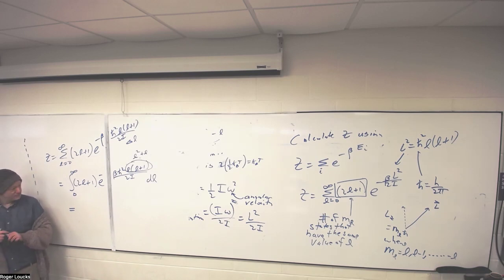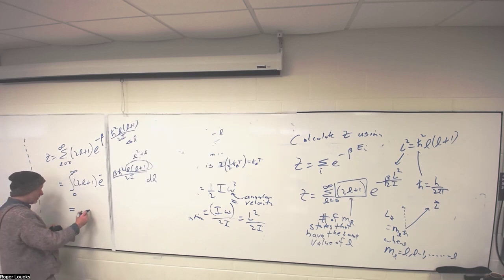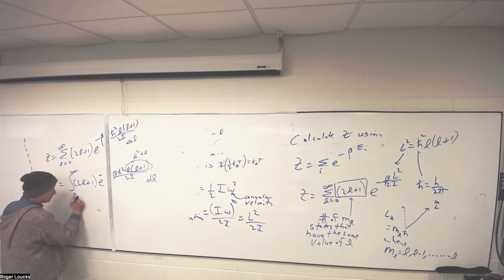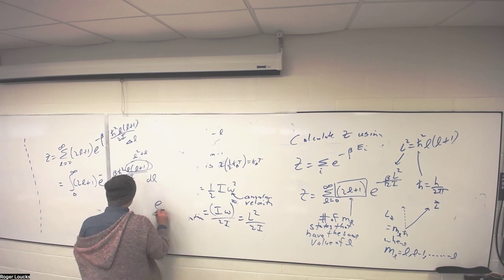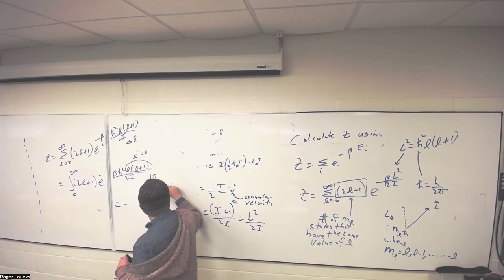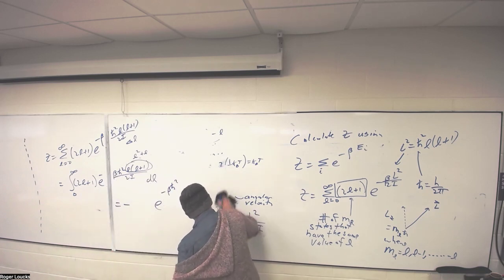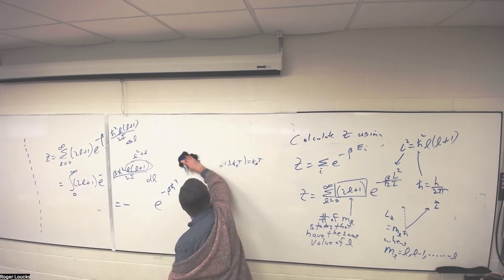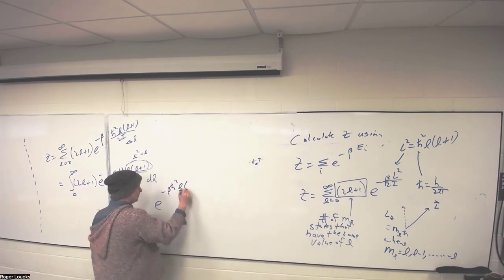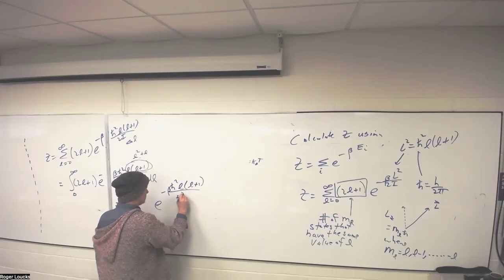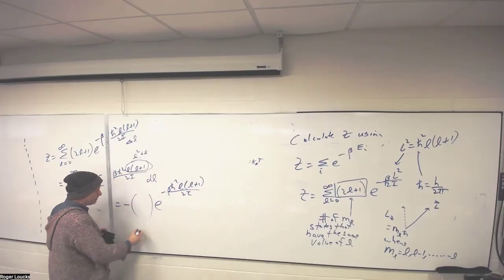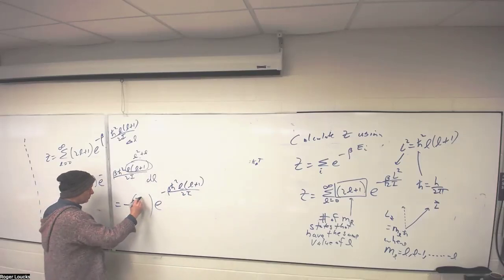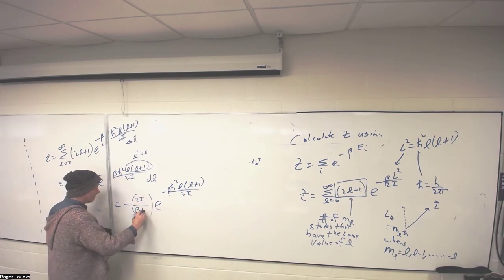This is e to the power of minus E. Let's put it over here. Minus E. This part comes along to the right. You want to put the 2I over beta h bar squared in front. What has to go in front? 2I over beta h bar squared.